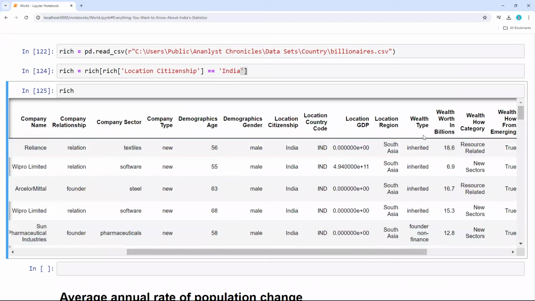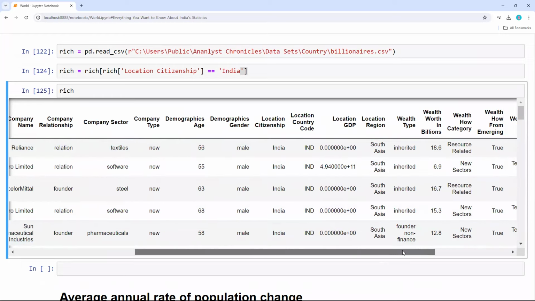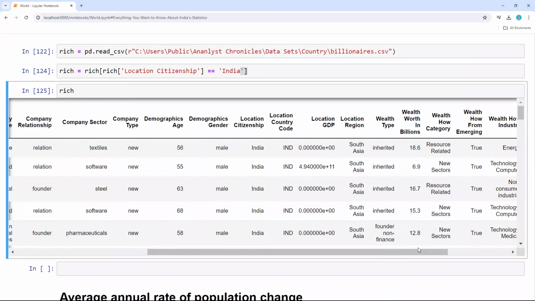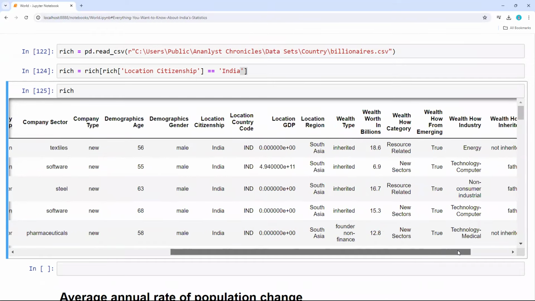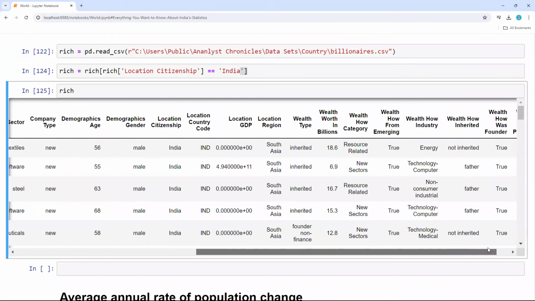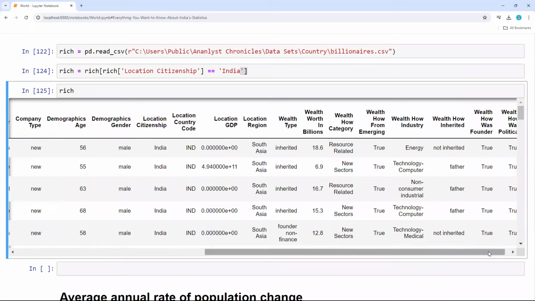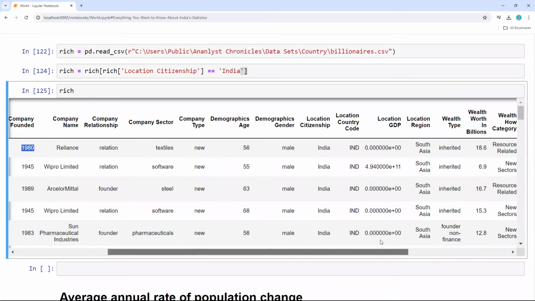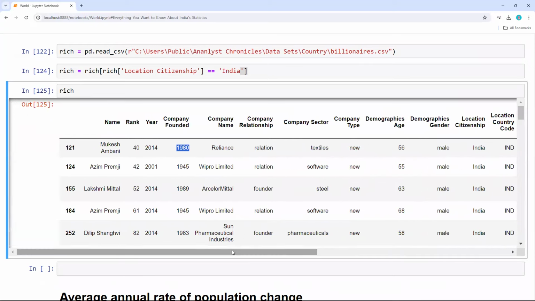The wealth was inherited from his father, not that he founded the business himself. That is what inherited means. Wealth worth in billions is 18.6 billion. The wealth category is resource related, and the industry is energy. These are all the basic details of this data set.